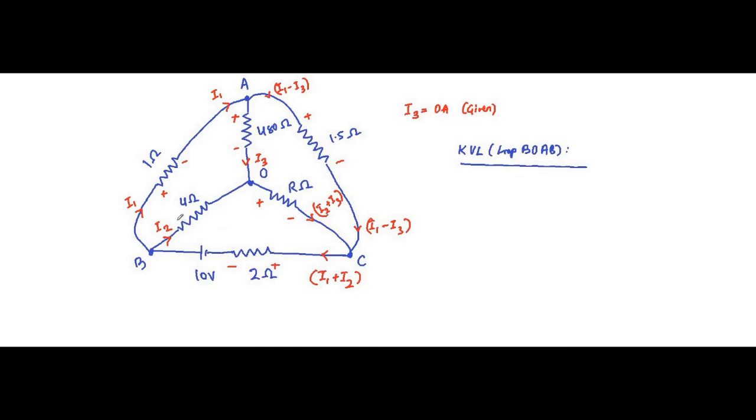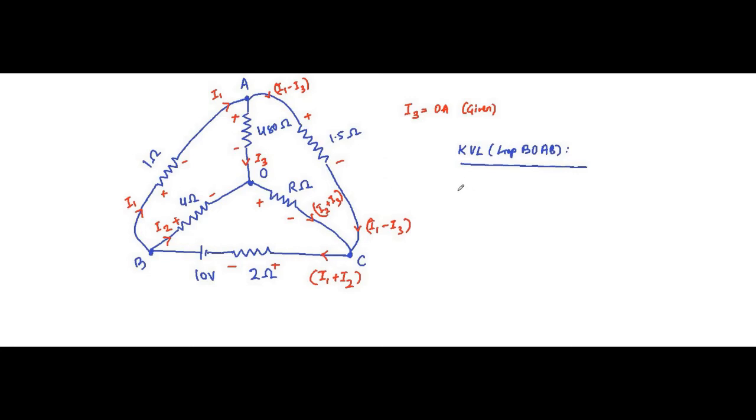Here I have missed the polarity. This is plus minus. Let's use the red color so that there is no confusion. This one is plus, this one is minus. Okay, that I missed. KVL in loop BOAB.